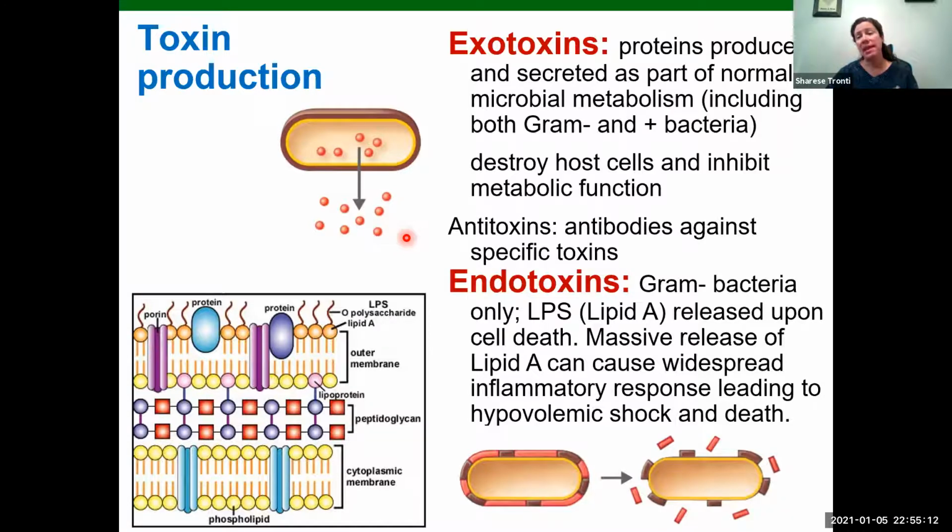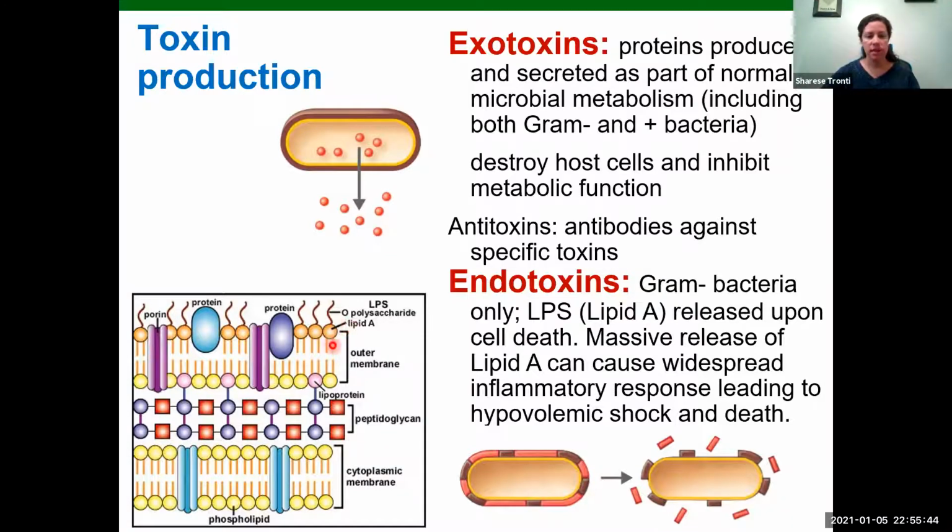On the other hand, we have endotoxins. If you remember when we were talking about gram-positive versus gram-negative, we talked about how gram-negative cells have a thin peptidoglycan layer and an outer membrane, and how the outer membrane had the LPS, with the lipid A at the bottom. We mentioned how the lipid A is an endotoxin.